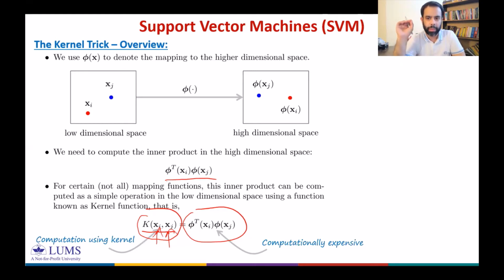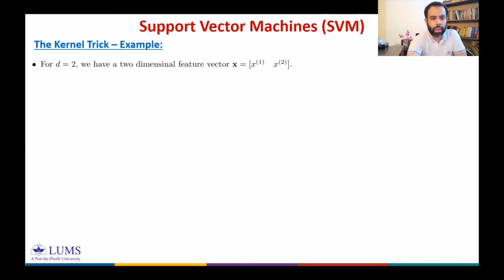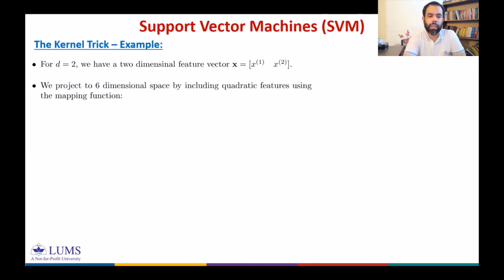Okay, let me try to explain this with the help of one very, very simple example. For example, we take D equal to 2, and we have a two-dimensional feature space. We only have two features, x1 and x2. We project this lower dimensional feature space to a higher dimensional feature space by including quadratic functions.